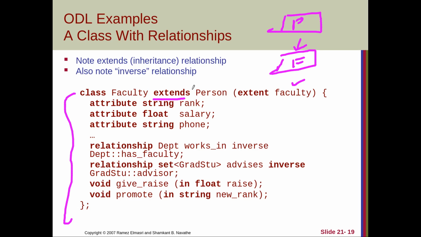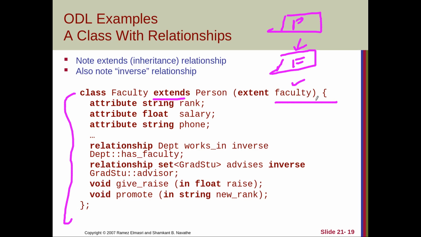Whichever objects come under that extent name will also be considered persistent objects. The name of the extent given here is faculty. So class faculty extends person, and we are giving the extent name faculty. That means all the faculty objects will be under the extent name faculty. You can see this faculty has a small f, but the class name Faculty has a capital F.